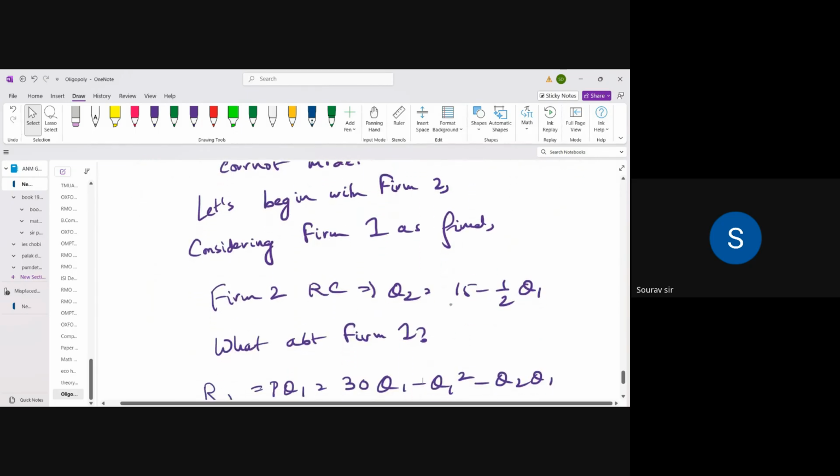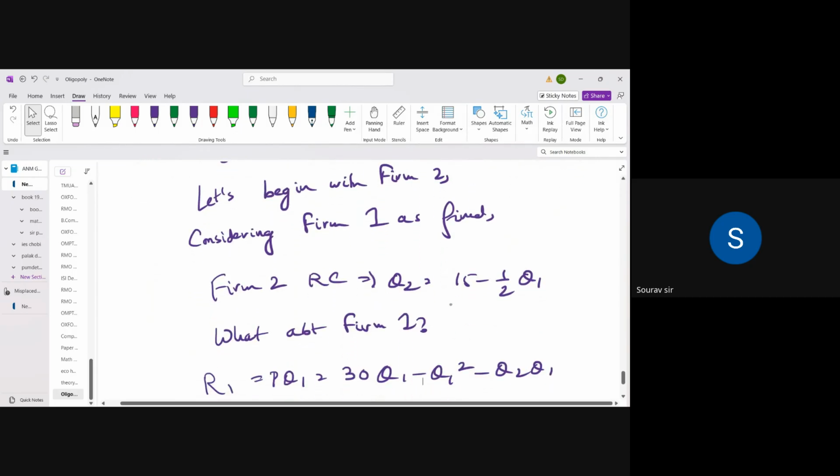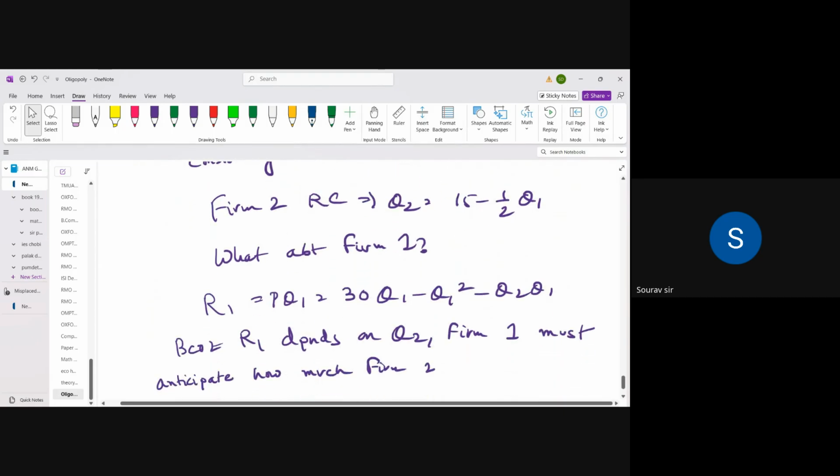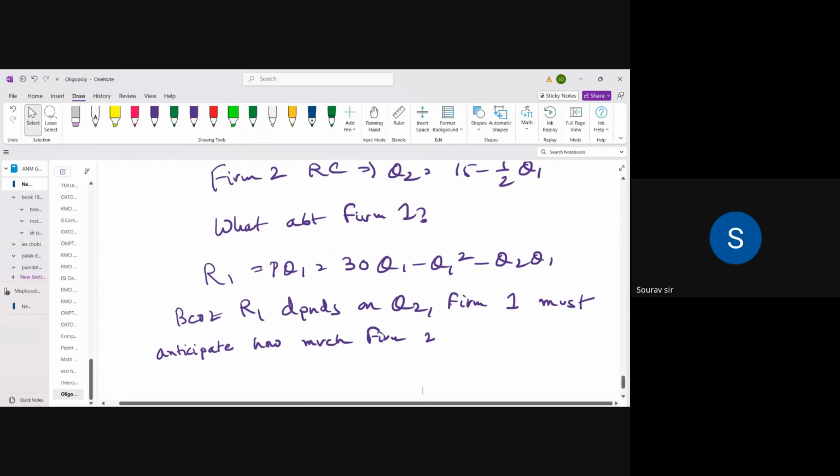Consider firm 1 as fixed, because firm 2 makes its output decision after firm 1. So firm 2's profit maximizing output is given by the Cournot reaction curve, which we have already derived. So firm 2's reaction curve will be Q2 is 15 minus half of Q1, which I have written.